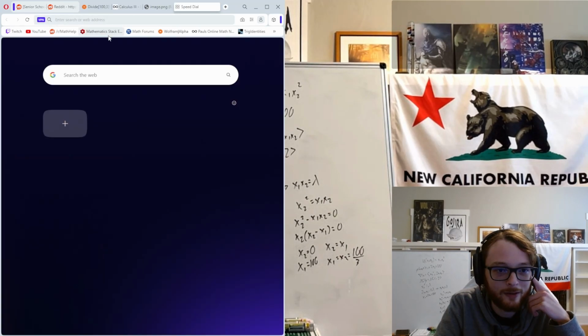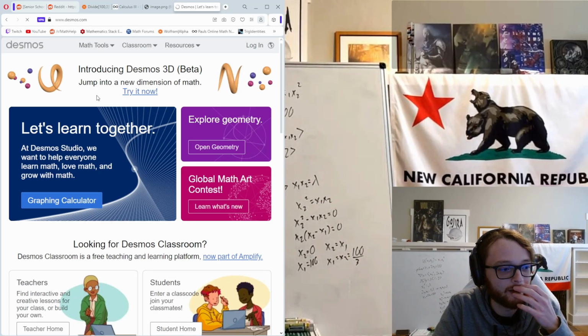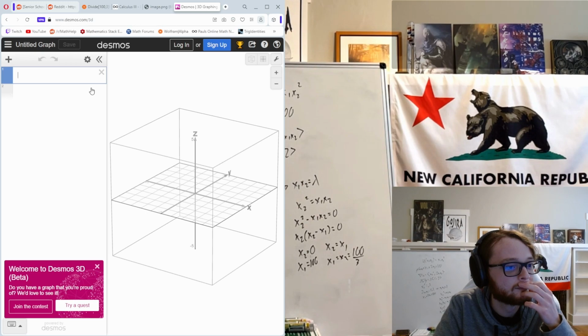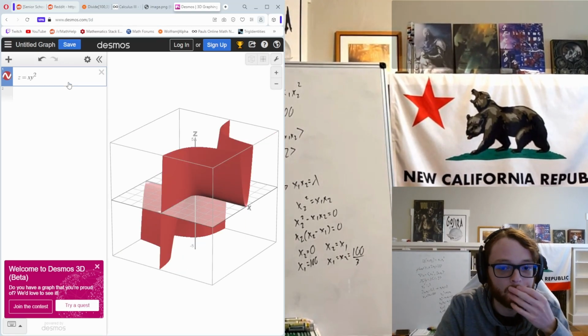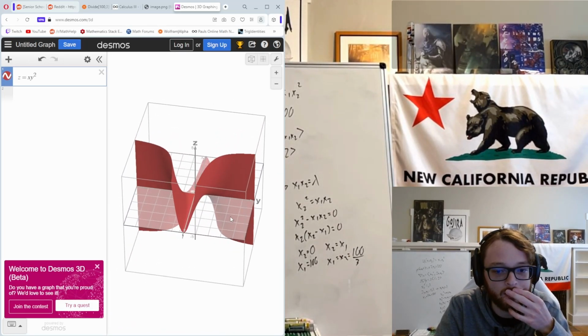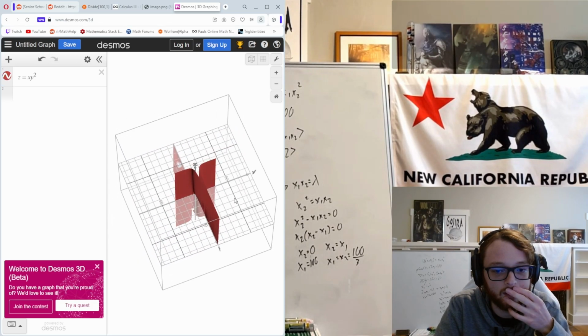Actually, I can just graph this in Desmos. I just want to see what the function looks like, and then I'll get to Astros. Z equals xy squared is basically, ooh. I'm getting something like somewhere around here.